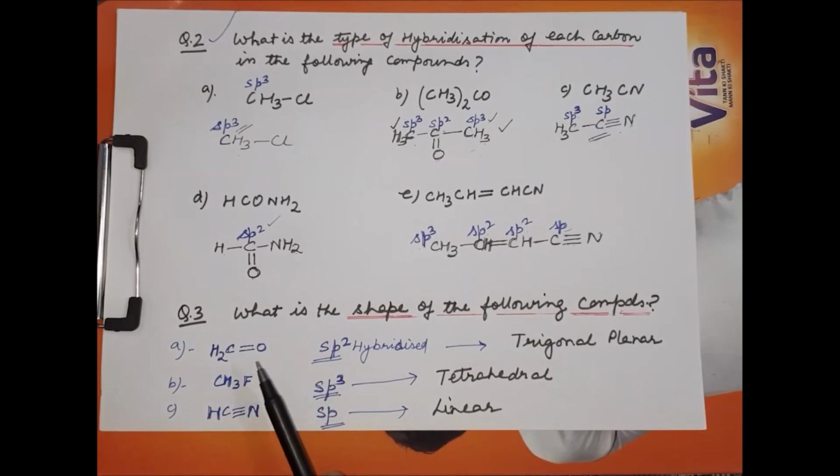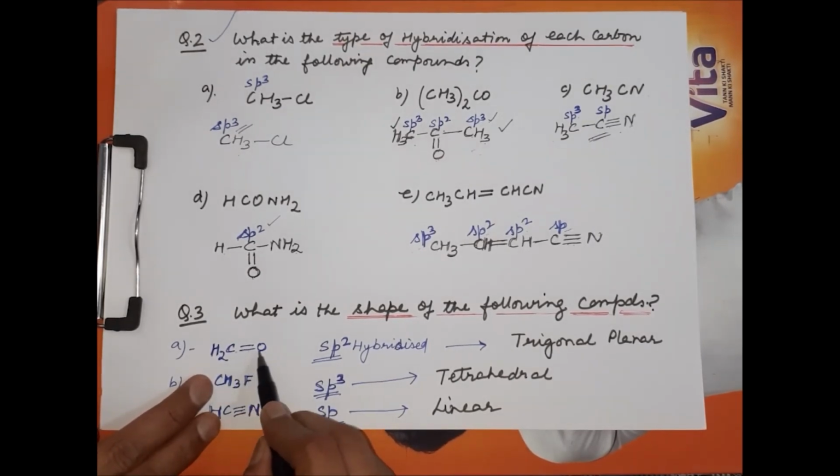So moving on to the next example, here we have to tell the shape of the following organic compounds. So first example is H2C double bond O. For this type of questions, first we have to see the hybridization state of the carbon atom.